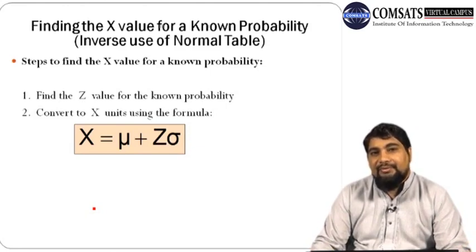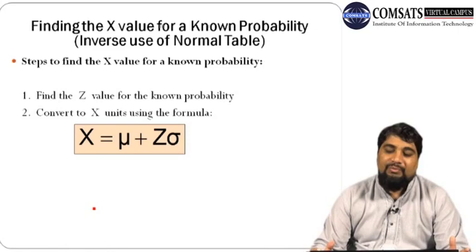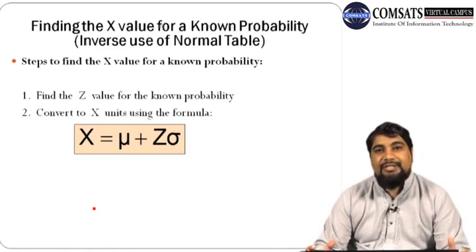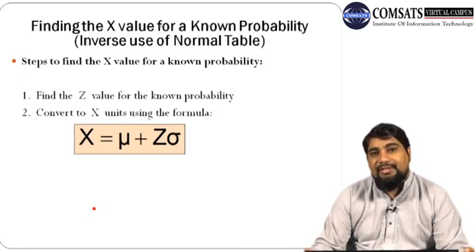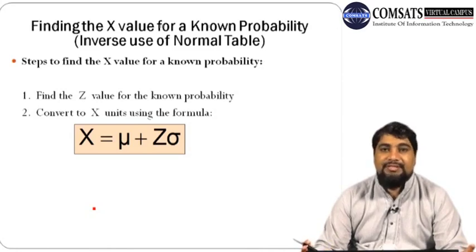So now we are going to discuss a few questions in which we need to find the value of x, but we know how much probability will lie within two values of x. Let me explain it in a different way. So, finding the x values for a known probability. Given that the probability between any 2 points is, let's say, 70%, what are those 2 points?